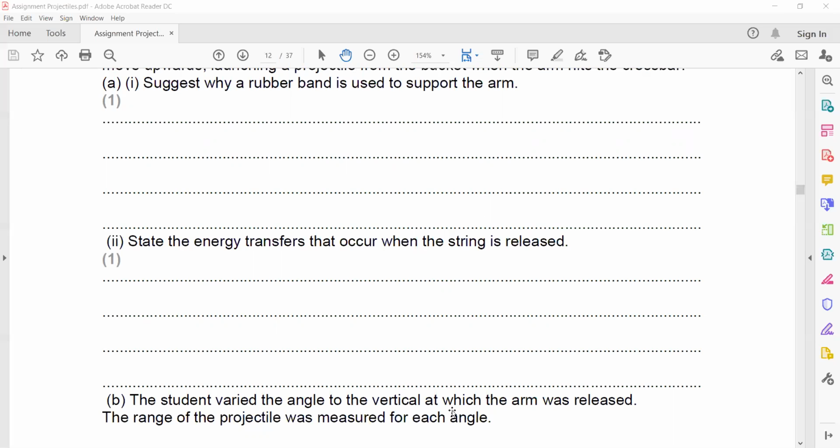And as it moves to a higher position, this elastic strain energy turns into potential energy and kinetic energy as well, because it reaches a certain height, it will have potential, and it starts to move, so it will have kinetic. So basically, elastic strain energy is converted into potential energy and kinetic energy.